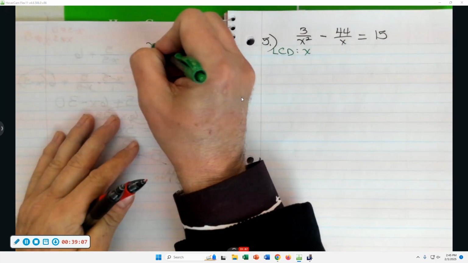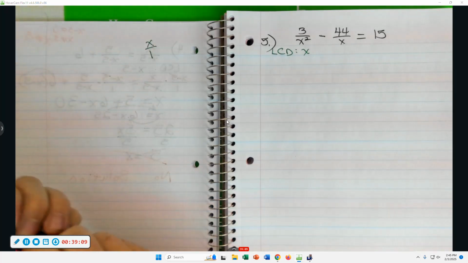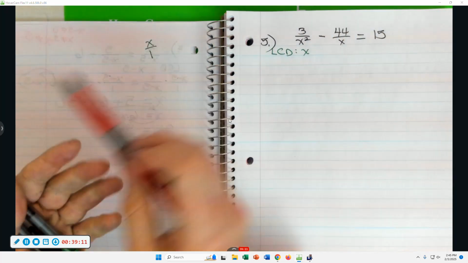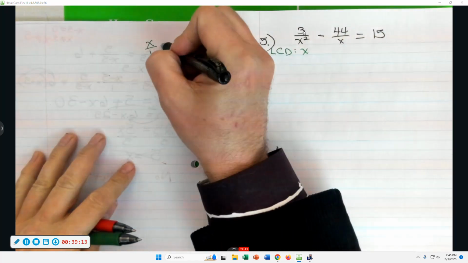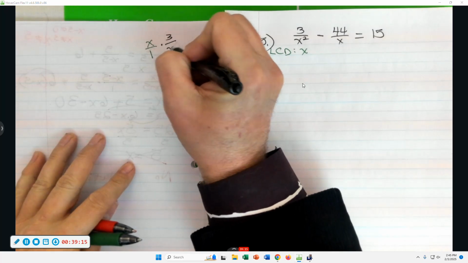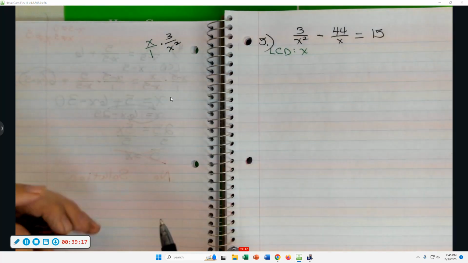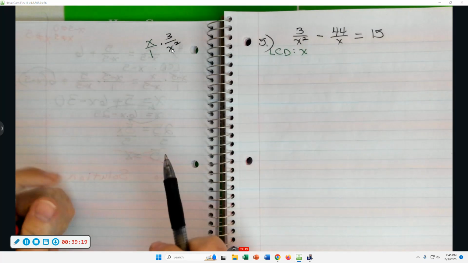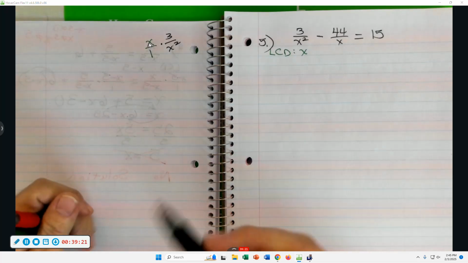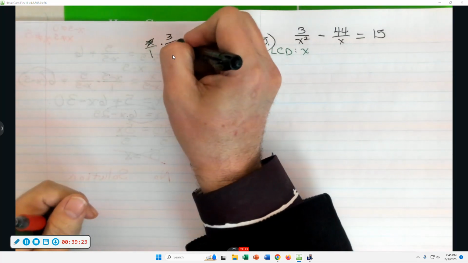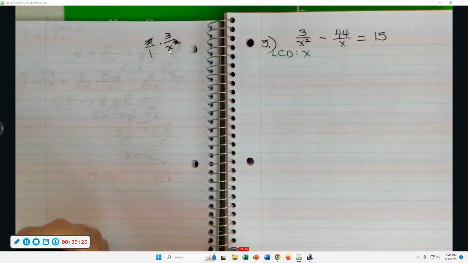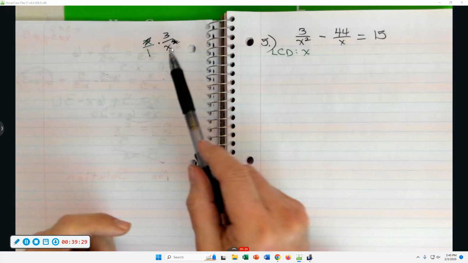If you try to multiply, here's my scratch paper, x over 1 times 3 over x squared, are you going to cancel out the entire denominator? You can cancel an x above and below, but what have you still got down there in the denominator? You still have an x.